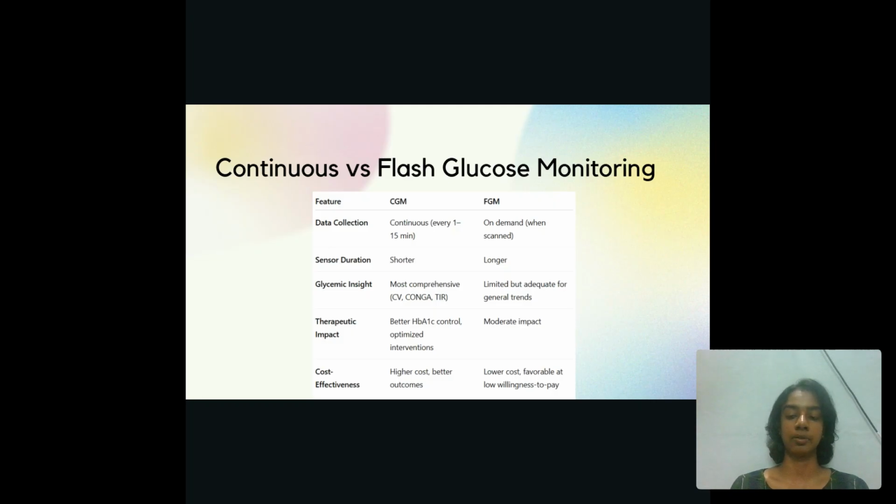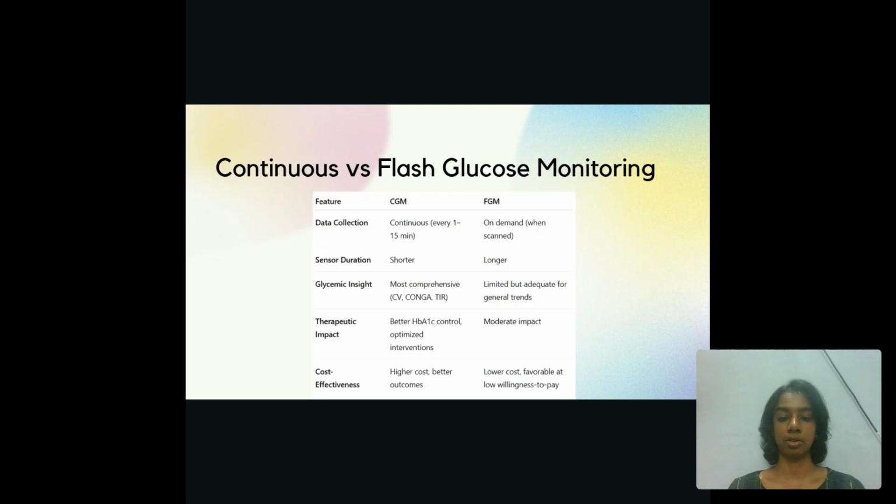On the other hand, FGM systems such as Freestyle record glucose data continuously but require manual scanning to access readings. They are more cost effective, user friendly, and suitable for patients who prioritize affordability or prefer a less complex system. Ultimately, the choice between CGM and FGM should be tailored based on individual clinical needs, lifestyle, and financial considerations.